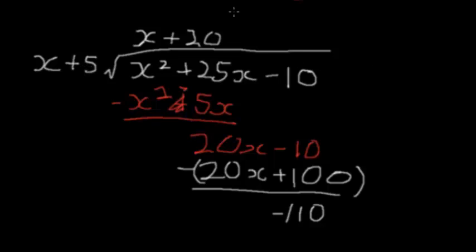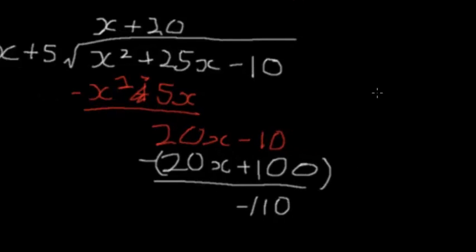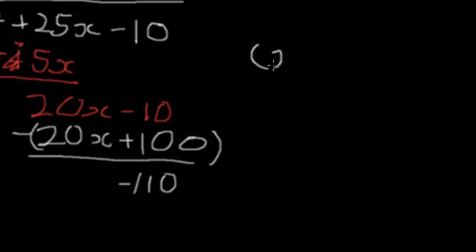Now then, we can write this like this. So what we have here is the divisor, right? And multiply it with the quotient, right? So we have here x plus 5 multiplied with x plus 10, right?